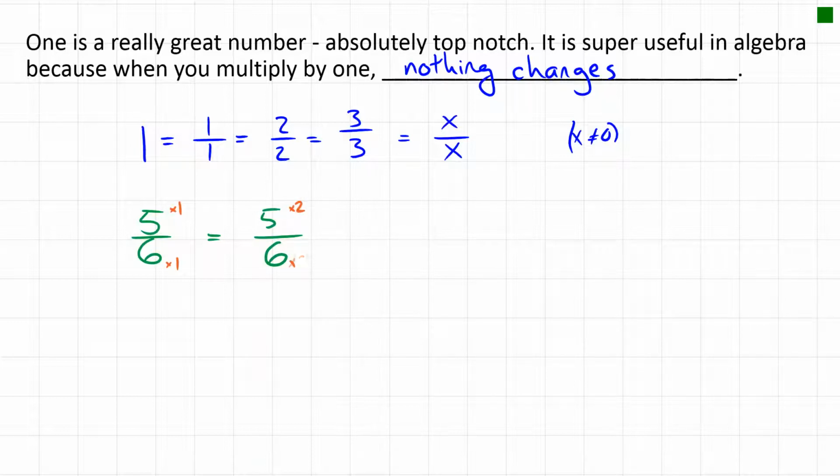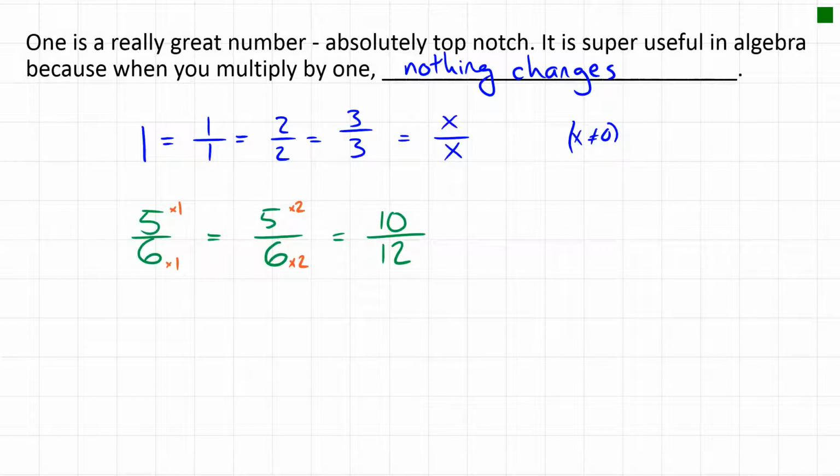So multiply by 2 over 2. Nothing about this fraction changes. It looks a little different, but 10 over 12 is an equivalent expression to 5 over 6. They're numerically exactly the same, even though they look a little bit different. They represent the same number.